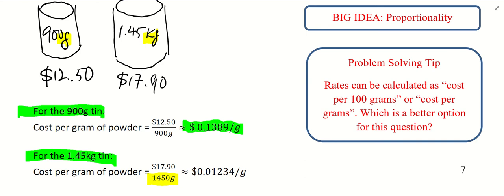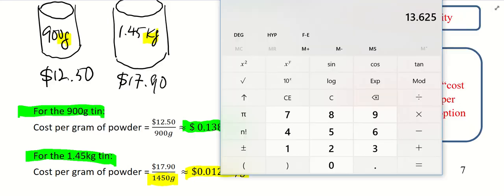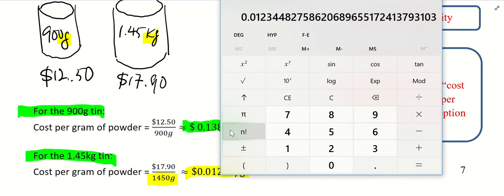So the same, I take the cost $17.90 divided by the mass of the milk powder. Sorry, I think there's a typo here. Let me do the calculation again. 17.9 divided by 1450 gives me 0.012. That is correct.